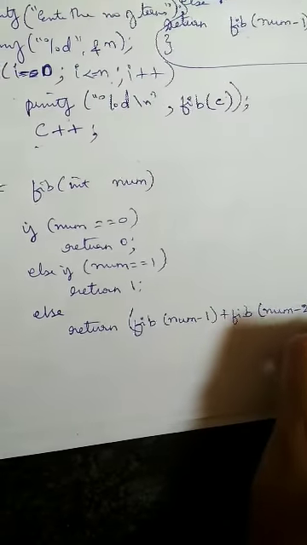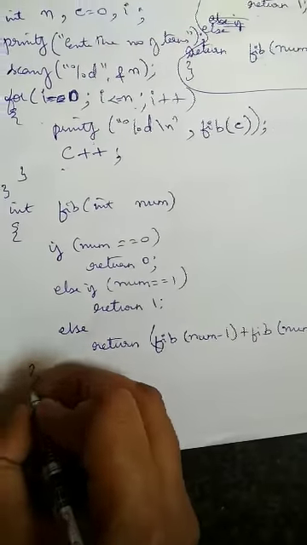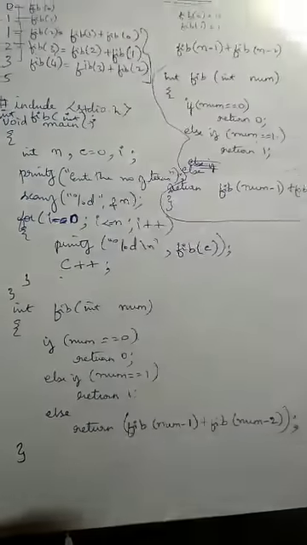Okay, the whole thing has to be written. Put a semicolon, close this function, recursive function fib.